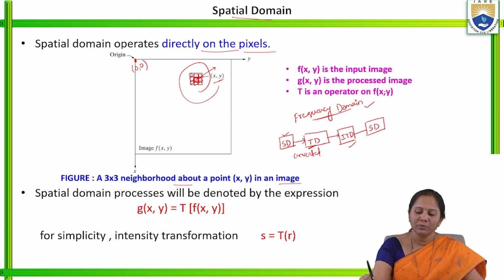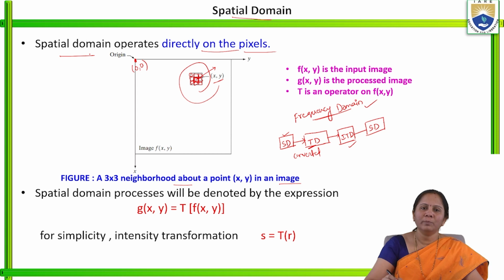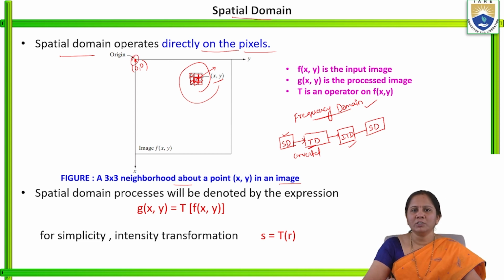This is how the operation is performed on the image in the frequency domain, whereas the spatial domain operates directly on the pixel. This is the major difference between the spatial domain and the frequency domain. We will learn about the frequency domain in detail in upcoming sessions.